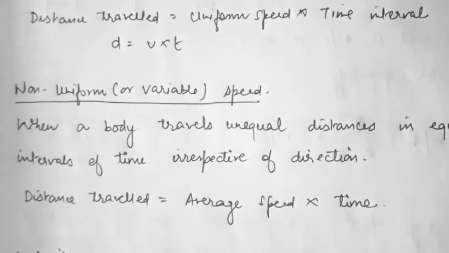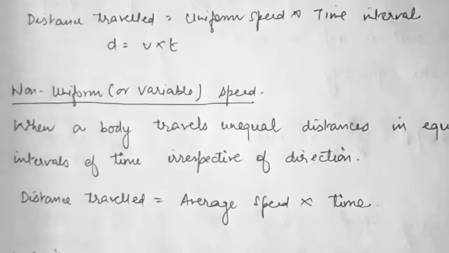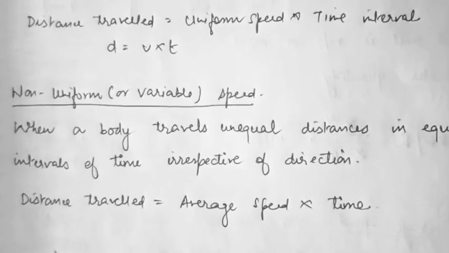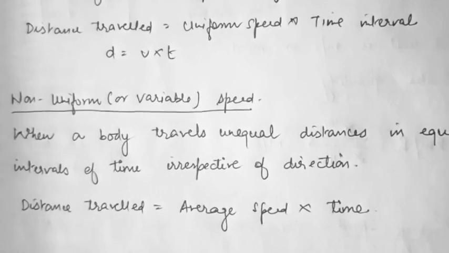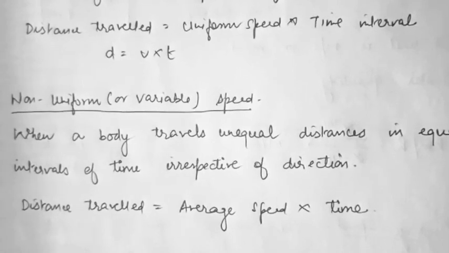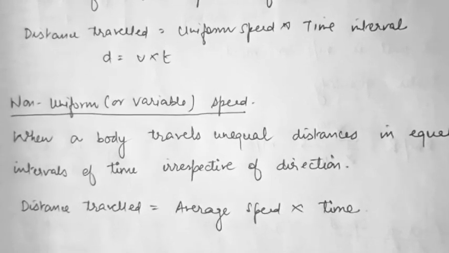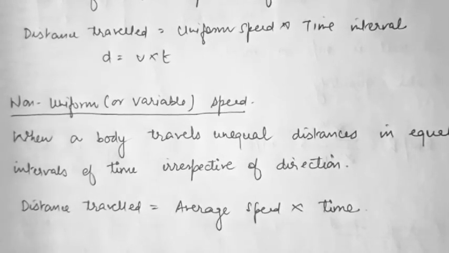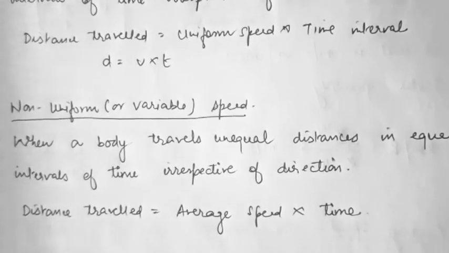What is non-uniform speed? If the body is covering unequal distances in equal interval of time irrespective of direction. So again, if we want to find the distance traveled, in case of non-uniform speed it is average speed into time. And here also, if it is uniform speed, we know that the speed is constant throughout the motion.